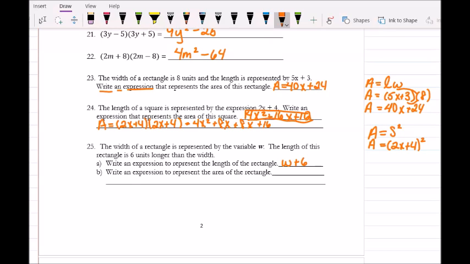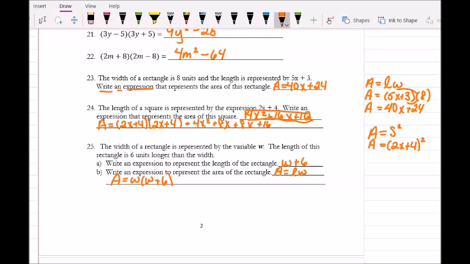So that's the length. Write an expression to represent the area of the rectangle. So again, area equals length times width. And we just said that our width is w and our length is w plus 6.